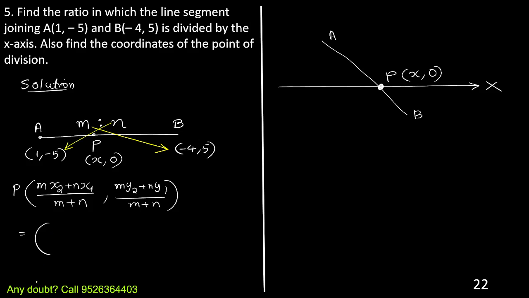Do the cross multiplication, meaning multiply along the arrow. Multiply with the x coordinate: m into minus 4, minus 4m, plus n into 1, n, by m plus n, right?